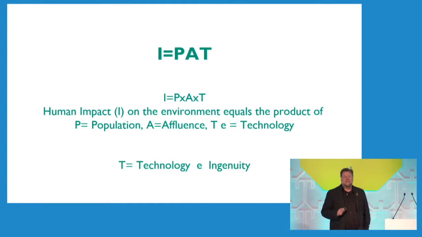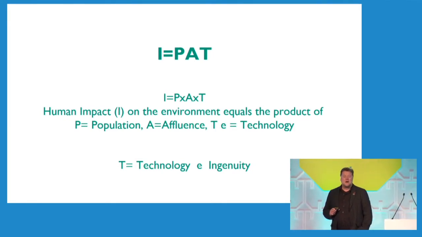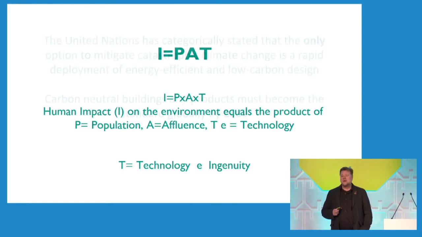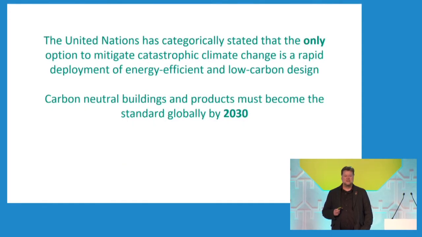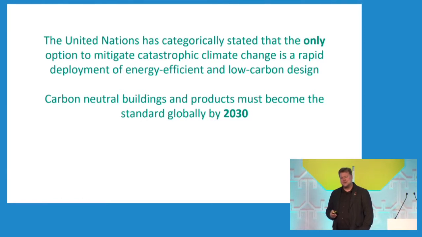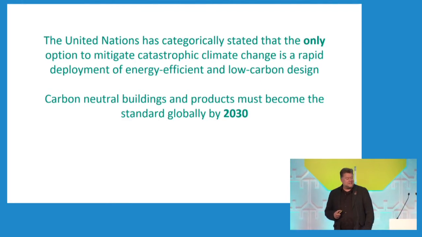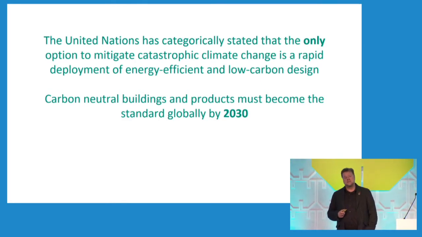So we've been hearing plenty this week about the UN and their concerns for the future of the environment, and they've laid out very specifically that the only future is to get to net zero carbon for all new buildings by 2030. So we, with a number of architects, have signed a pledge in the UK, there's one in the US, and yesterday in Brussels we signed the World GBC Net Zero Carbon 2030 commitment.